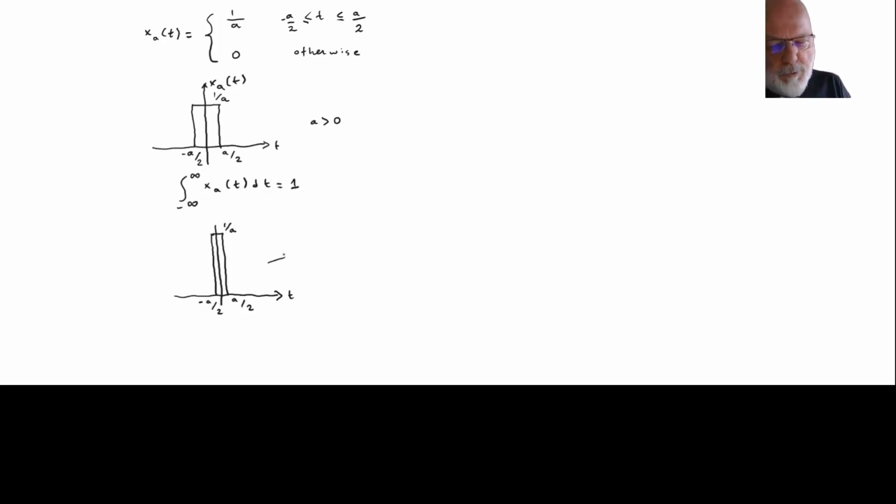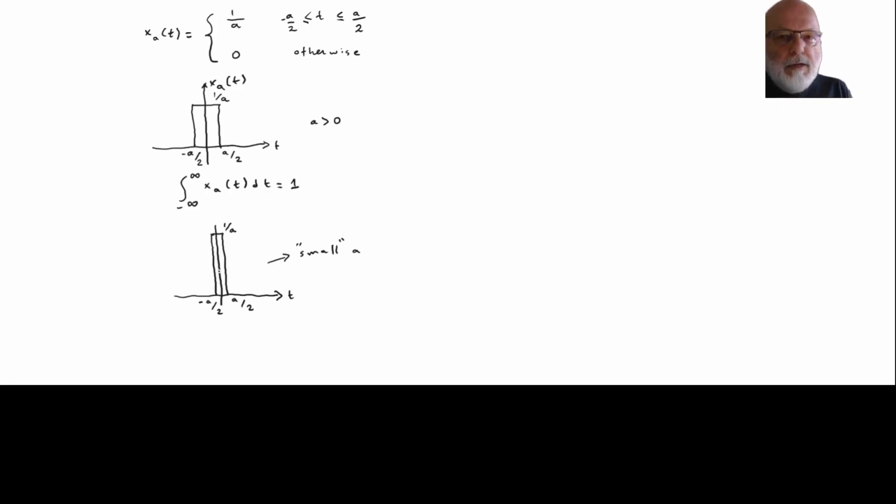So this is the picture for small a. Although a gets smaller and smaller, still the area under the pulse is equal to 1.